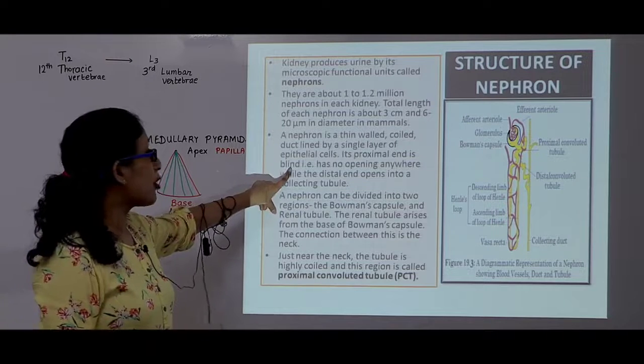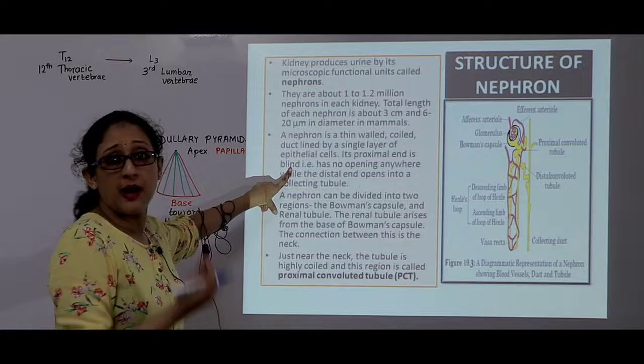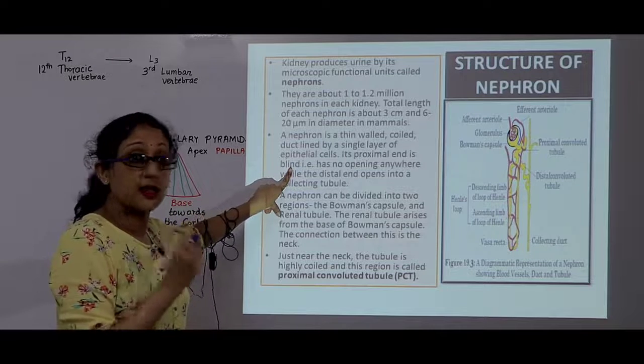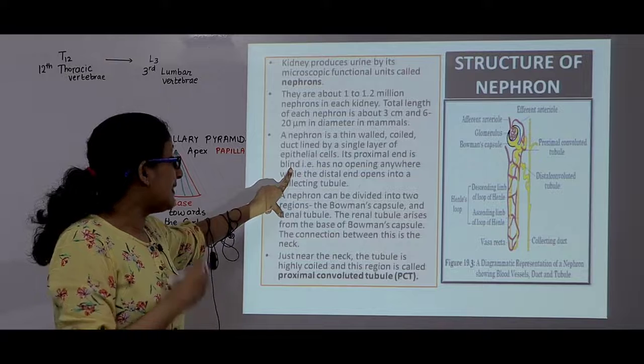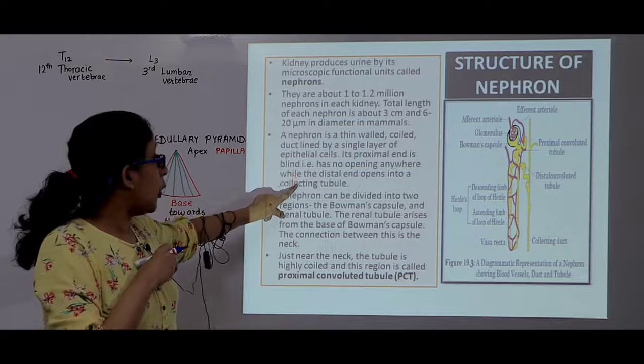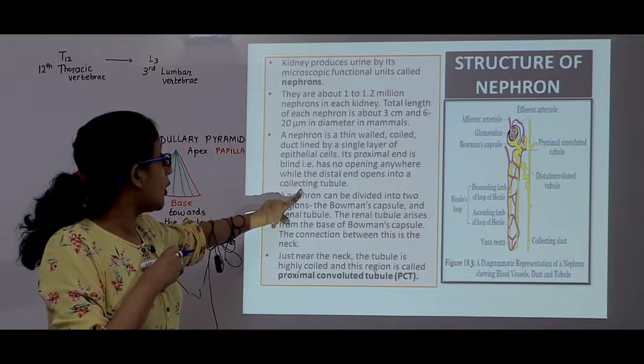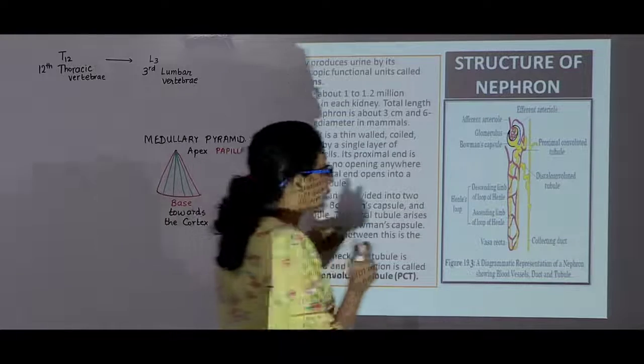That's why they are saying proximal. Proximal means the first part is blind. Blind means there is no opening. And the distal end will open into a collecting tubule.